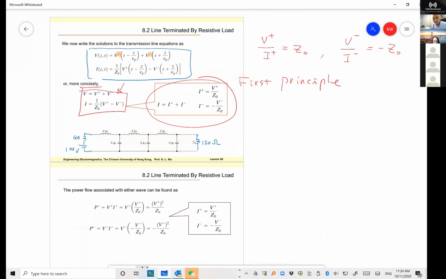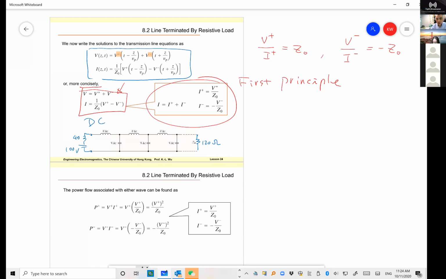You go back and forth, until after a long time you only have a DC, direct current, applied to this transmission line.